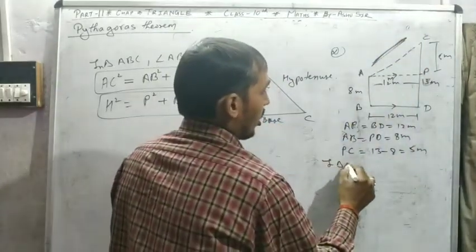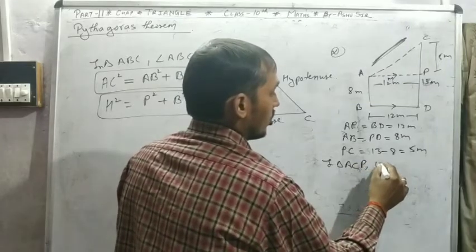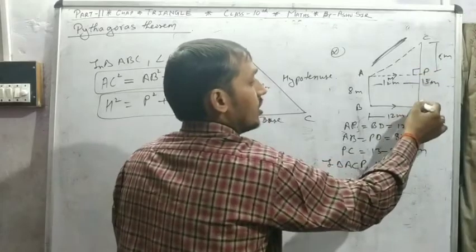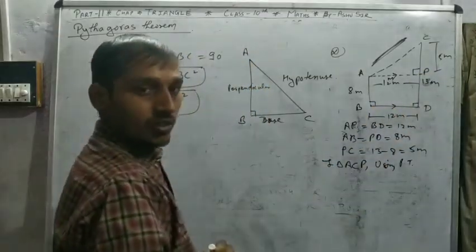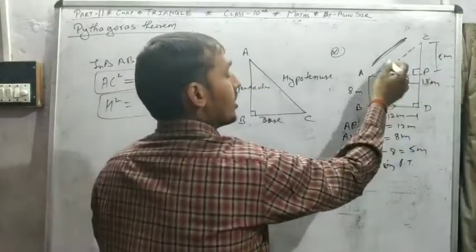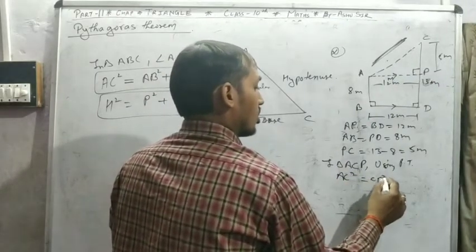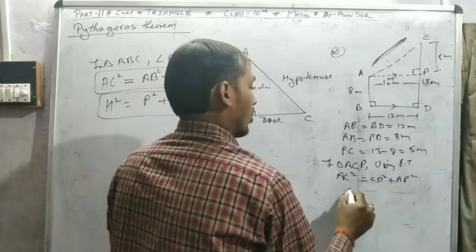We want the distance between their tops. So in triangle ACP, using the Pythagoras theorem, this is 90 because the tower makes a right angle with the base. So opposite 90, that is AC squared, is equal to CP squared plus AP squared.